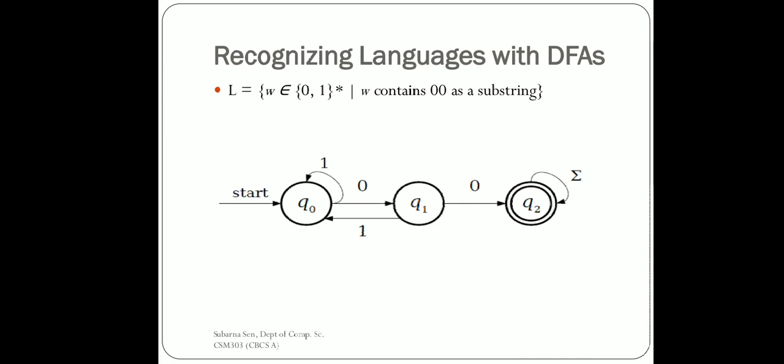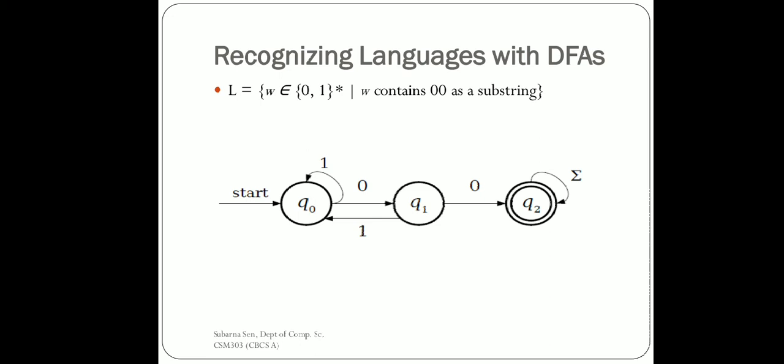Okay, next is W contains 0 0 as a substring. I will give you a trick. If you are asked how to design a DFA for this kind of question, just begin with the smallest possible string.